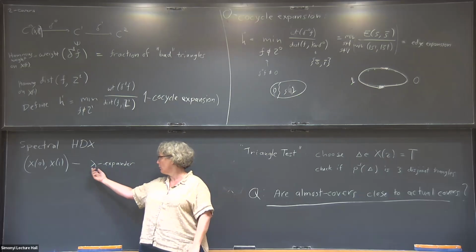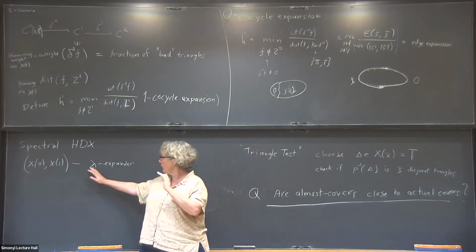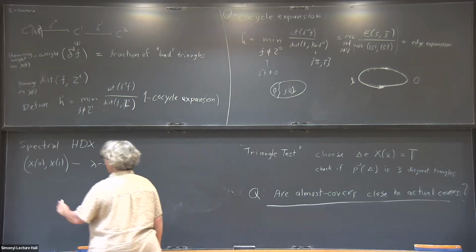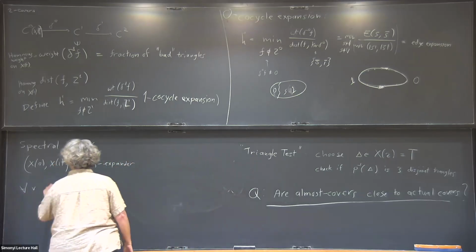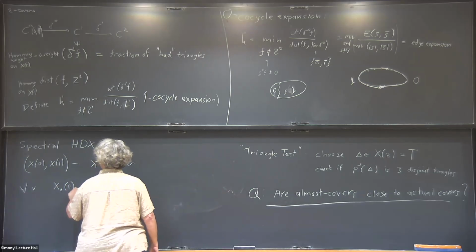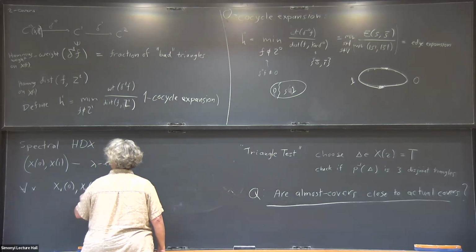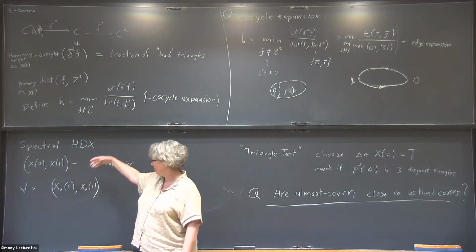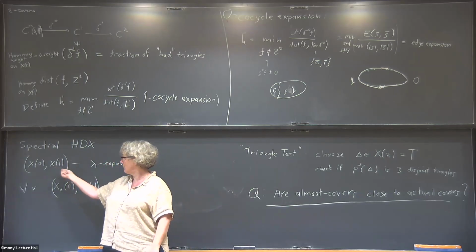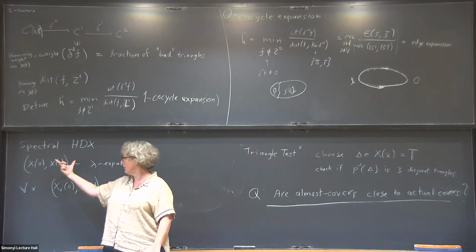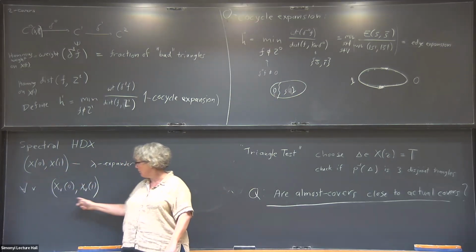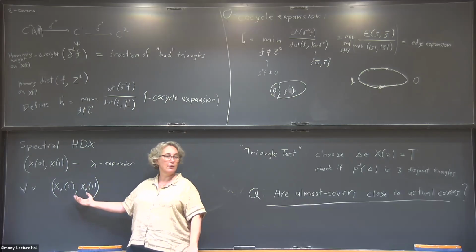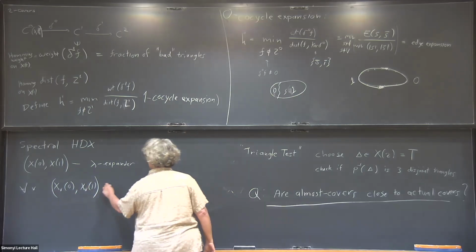I normalize because I want the eigenvalues to be between plus and minus 1, not to take care of the degree. And I also want that for every vertex v, if I look at the link graph, Xv0, Xv1, so even if my high dimensional expander had constant regularity, so every vertex participated only in 100 edges, this graph is going to be a graph on 100 vertices. Still it makes sense to ask whether it's a lambda expander or not, and we want this to also be a lambda expander.